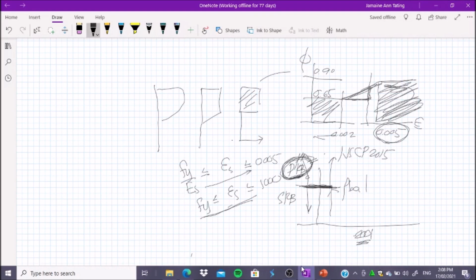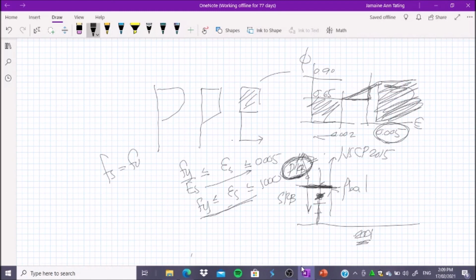Kumbaga, kung ito yung rho balance, sabihin mo ito sa apat, diba ito 0.25, 0.50, 0.75. Huwag na natin paabutin dun sa 0.75 sa rho balance. 75% pa lang ng rho balance, mag-double reinforce na tayo, magdagdag na tayo. Para sigurado natin na yung FS mag-yield.